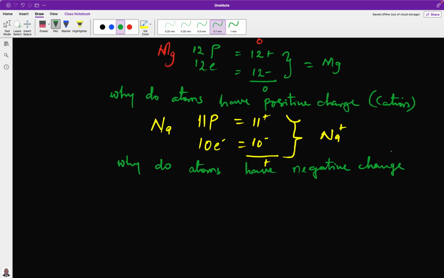Now, if they have a negative charge, the difference is clear. It's because they have more electrons than protons.